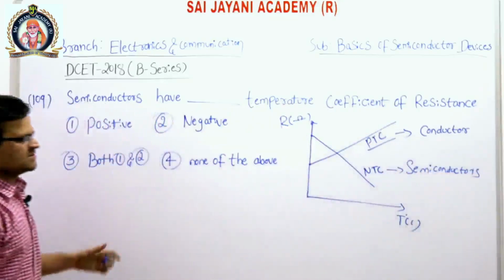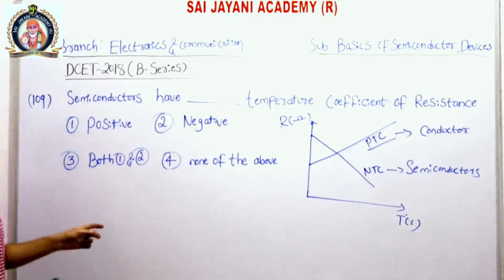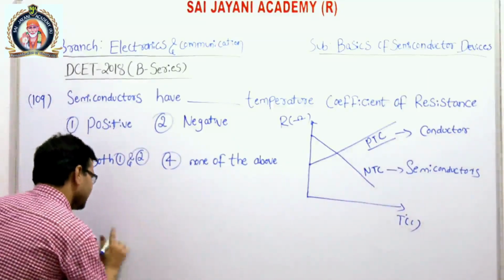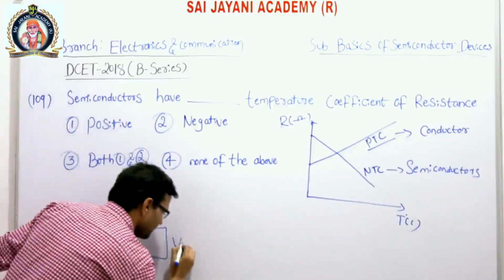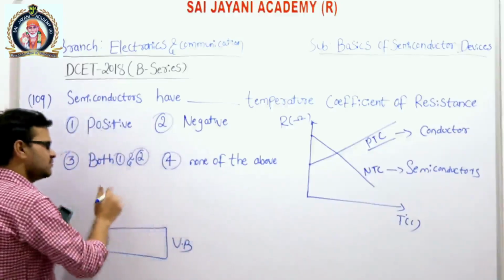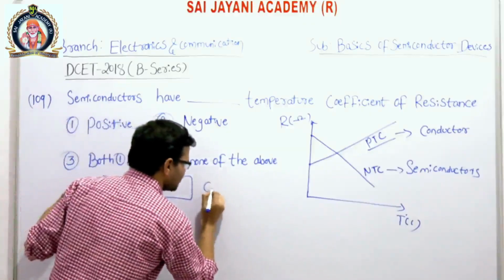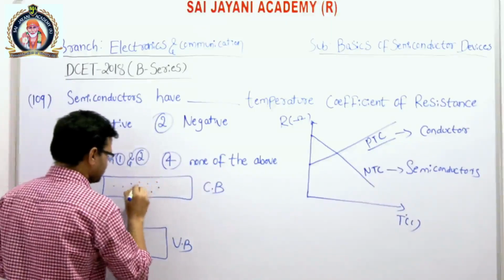In semiconductors, if we increase the temperature, then the covalent bonds become broken, and the electrons present in the valence band can jump to the conduction band and become free electrons.